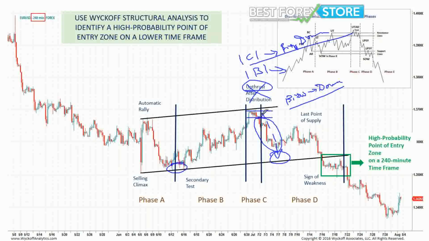And once we enter the position and you went through the first session, you're thinking, there is still a lot of potential here. I don't really have to close the position.